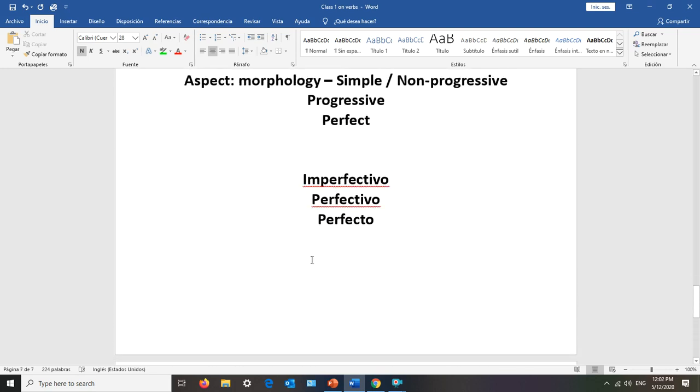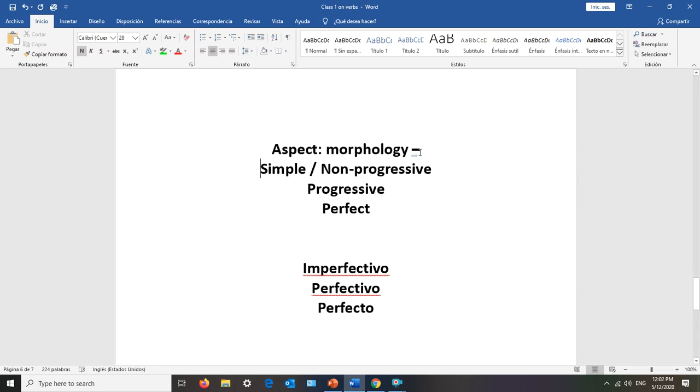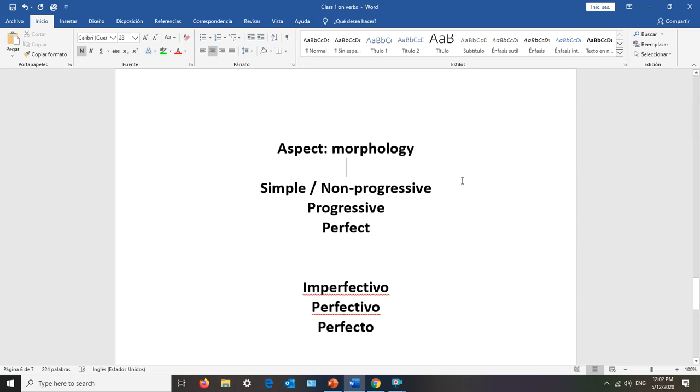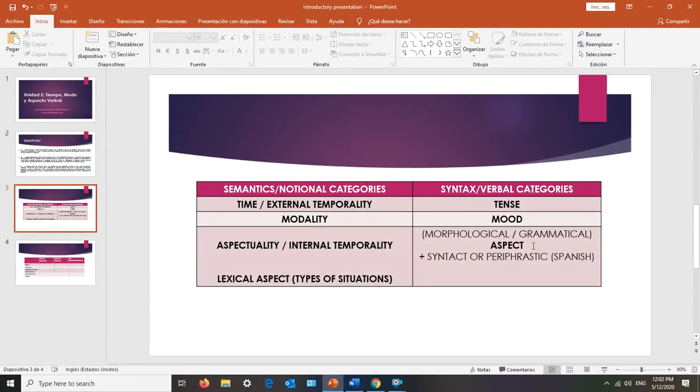So, aspecto having to do with the verb morphology. The form that the verb has and is visible and that we can point to directly when we see the verb. Okay? So these are the notions that pertain to aspect as a category in my right column here. Morphological aspect or grammatical aspect.